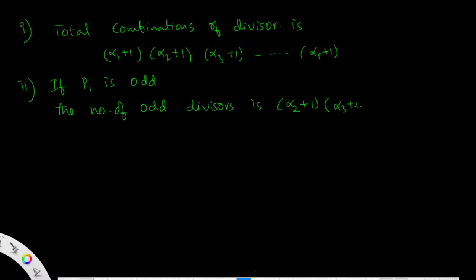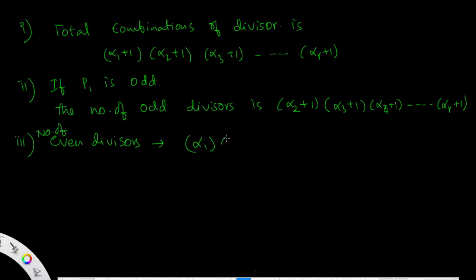Next, the third formula: if p1 is even, then the number of even divisors is alpha 1 into alpha 2 plus 1 into alpha 3 plus 1, and so on up to alpha r plus 1.